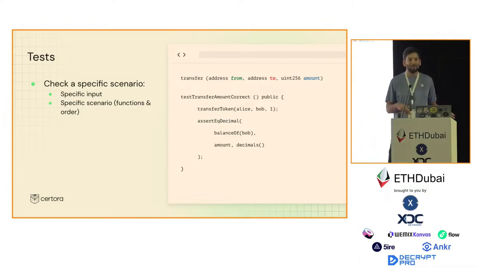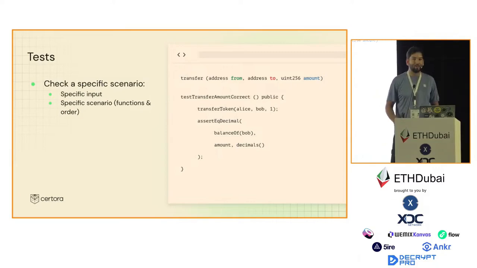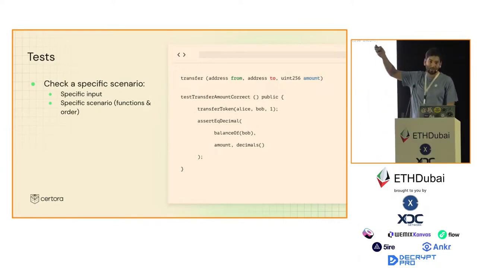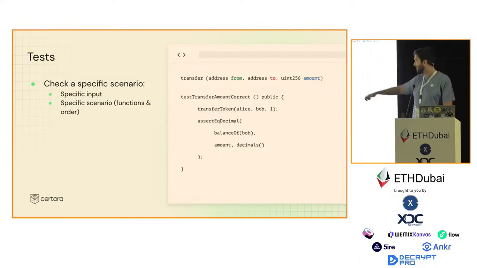And that amount should be transferred from the first address to the second. So a test could look, for example, like this in Forge, written in Solidity. Here we have a test where we transfer 1 token from the address called Alice to an address called Bob. And then we check that Bob's new balance is equal to exactly 1 token.